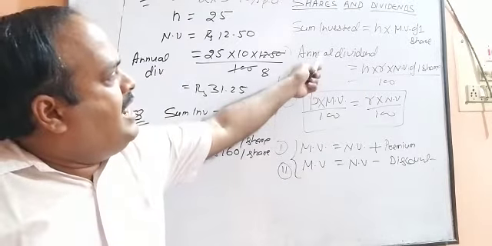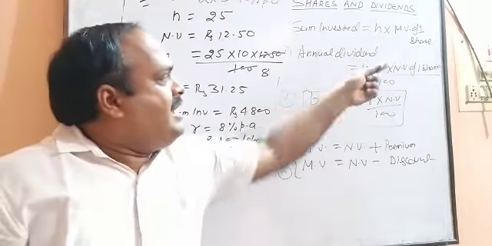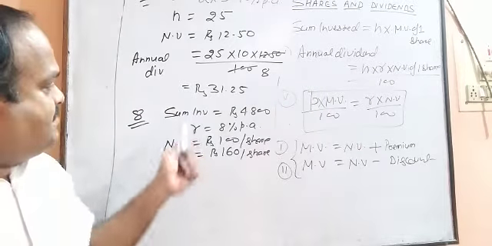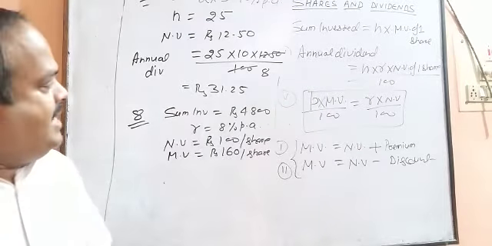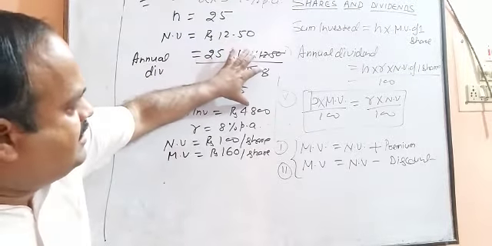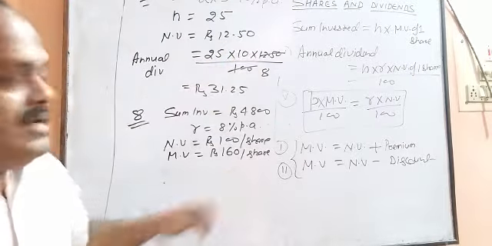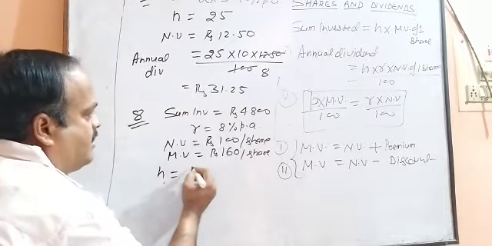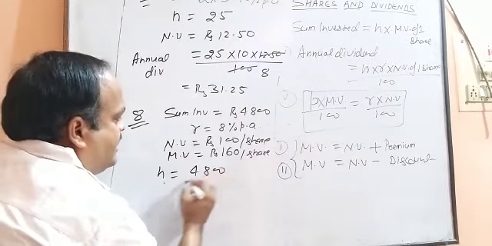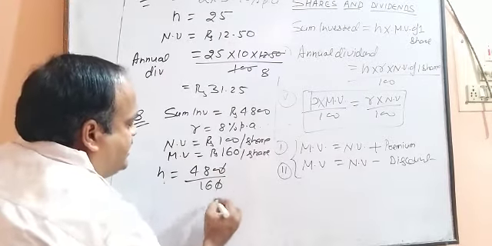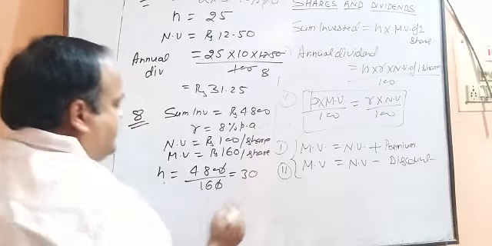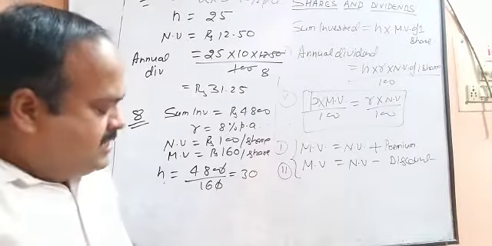You can see the formula: annual income is equal to NRNV upon 100. So we need to find the number of shares. To find the number of shares, we will divide the sum invested by the market value: 4,800 divided by 160 is 30. So number of shares is 30.